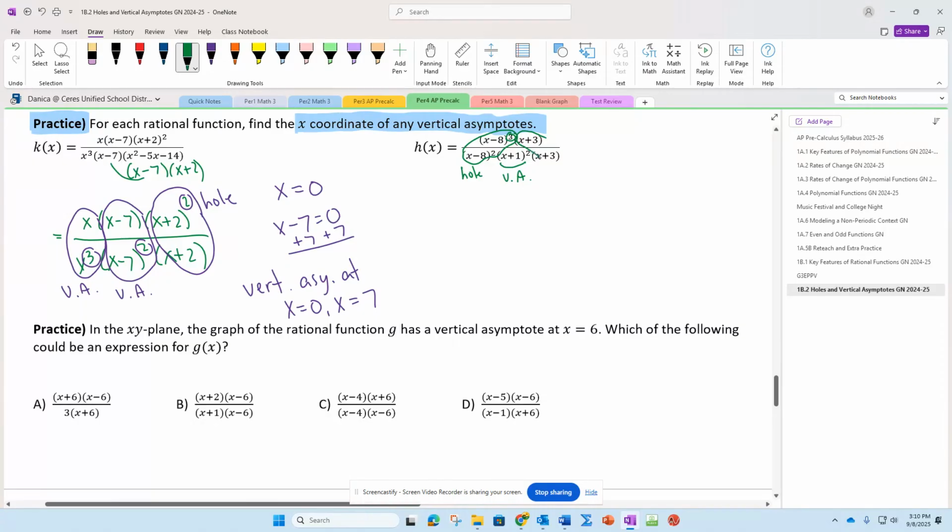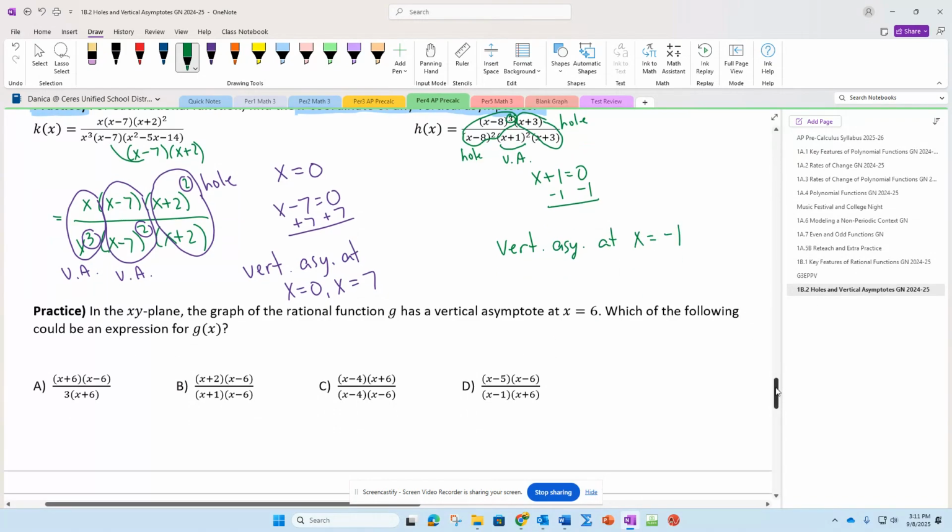And our x plus 3, the multiplicities are the same, so this is also a hole. So we're only going to get a vertical asymptote from the factor of x plus 1. If we set x plus 1 equal to 0 and subtract, that gives us x equals negative 1. So we have a vertical asymptote at x equals negative 1.